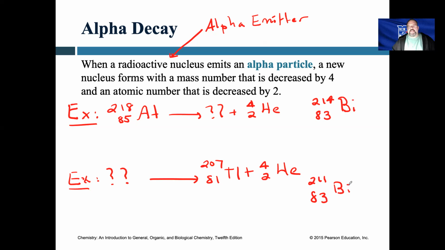But notice that this is a different isotope of bismuth than what we found in the previous example. Here we found bismuth with a mass number of 211. Before, we found bismuth with a mass number of 214. Isotopes have the same atomic number, but different mass numbers.